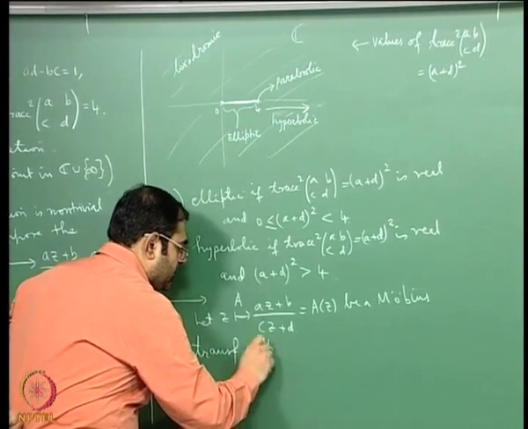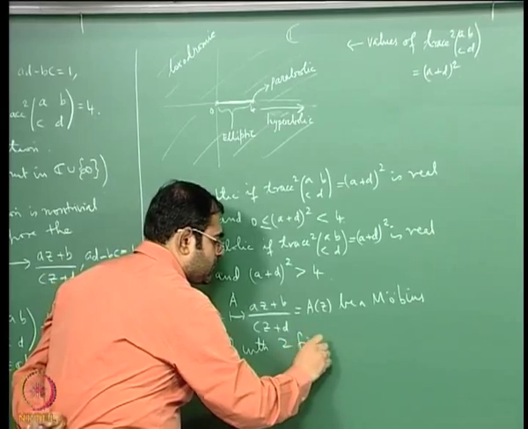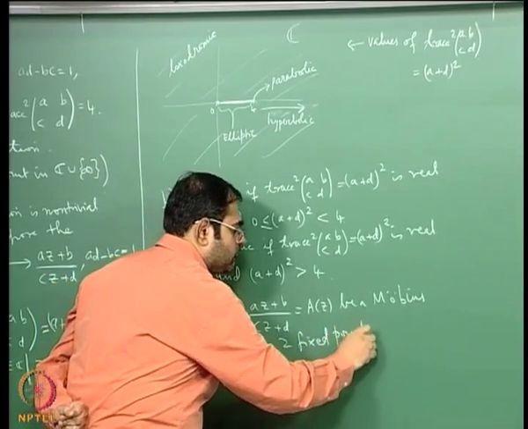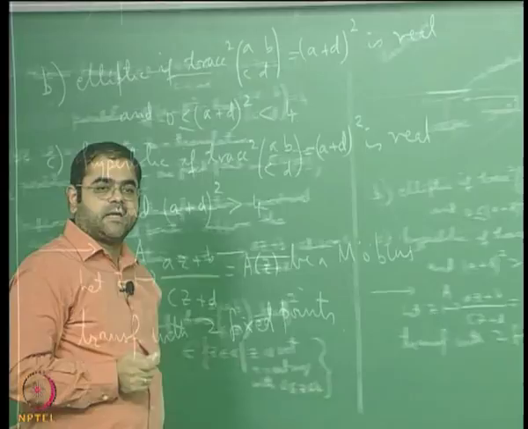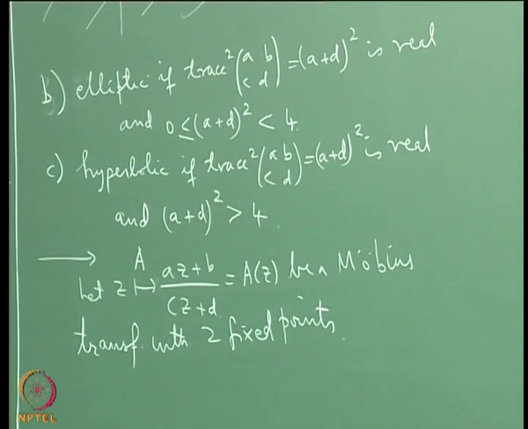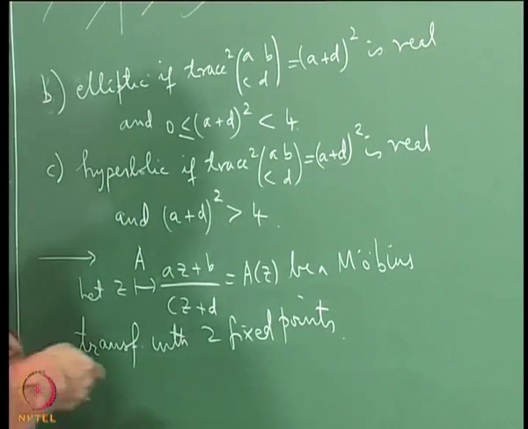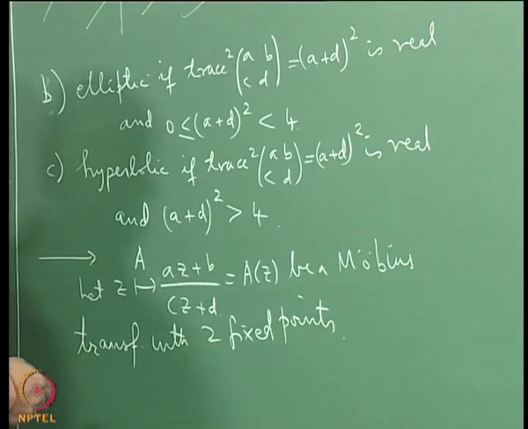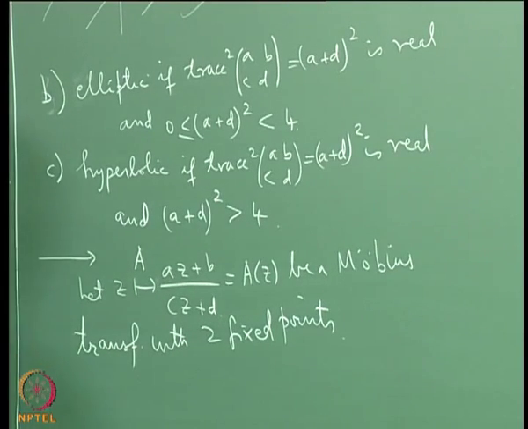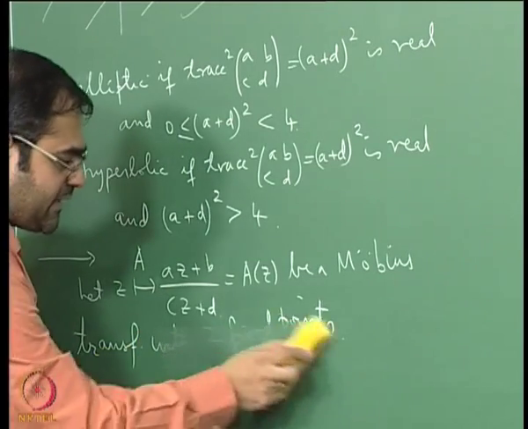with two fixed points. Let us take a Moebius transformation with two fixed points, or let me even begin by taking, if you assume that this is not the identity transformation, it will have at least one fixed point. So let me first take that case.